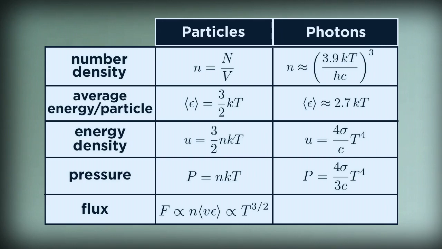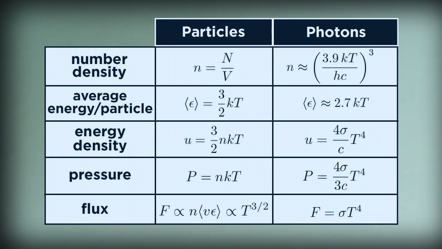For photons, the number density n scales with T cubed, v is always c, and epsilon is proportional to kT, so we might guess that flux is proportional to T to the 4th power, and it is. That's a very important result. The flux of electromagnetic radiation from a body at temperature T is proportional to T to the 4th power.